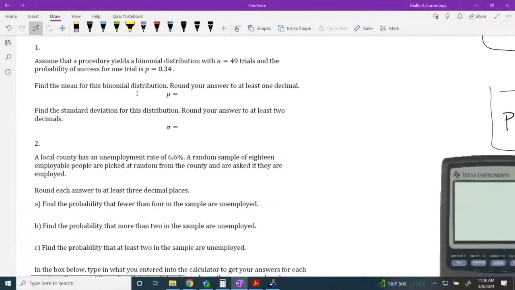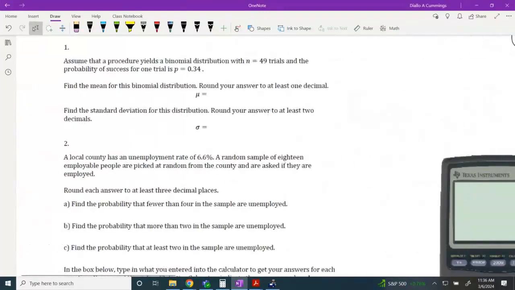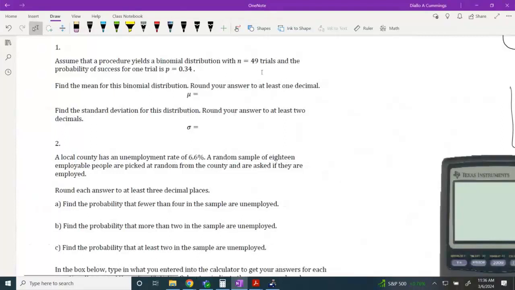Find the mean for the binomial distribution, round it to at least one decimal, and then we're asked to find the standard deviation. So if you look back at the formulas, the mean is simply going to be n times p. They give us n, they say there are 49 trials. They give us p, which is 0.34.